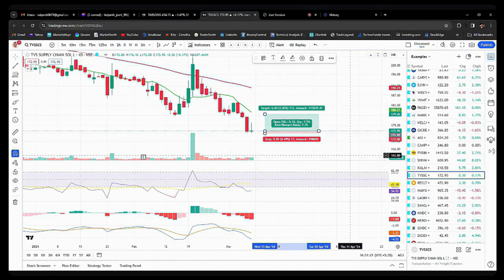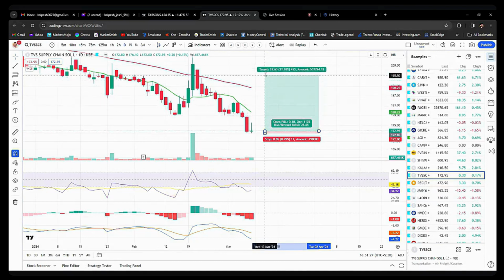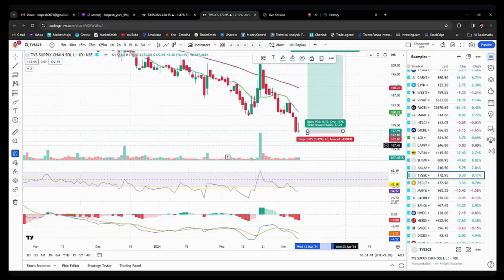Stop loss is 0.49%, less than 1%, and the target is open up till here. So at 20%, you can take 50% of your profit, book 50%, and trail the remaining 50%.